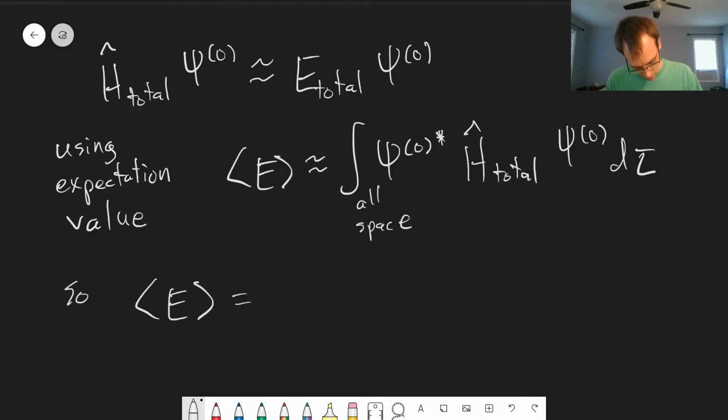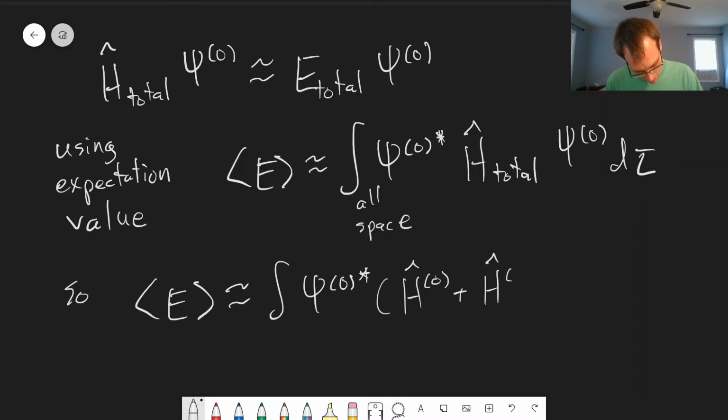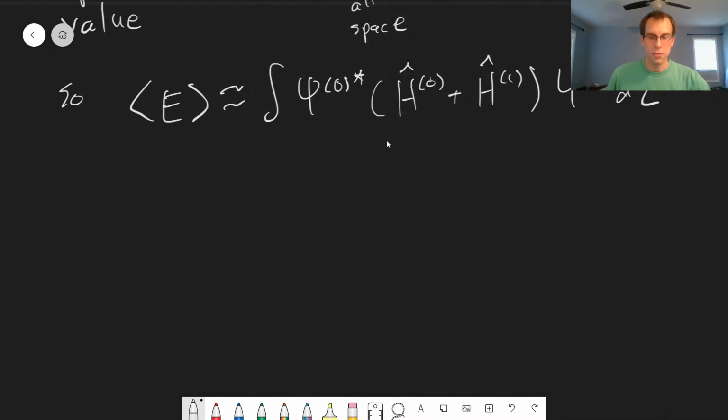So we can go ahead and substitute what we have defined E total to be. So the energy is approximately equal to the integral of psi 0 star (H0 plus H1) times psi 0 d tau. And so that'll give us two terms.